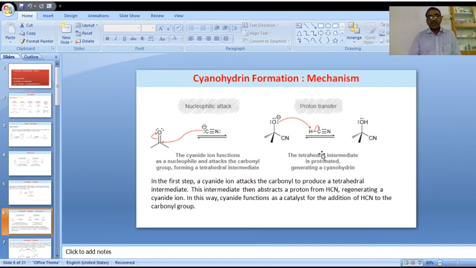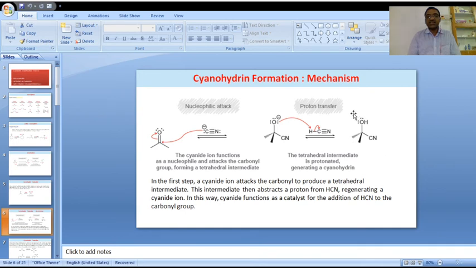In this way, cyanide functions as a catalyst for the addition of HCN to the carbonyl functional group. Finally, the final compound is obtained in this reaction.